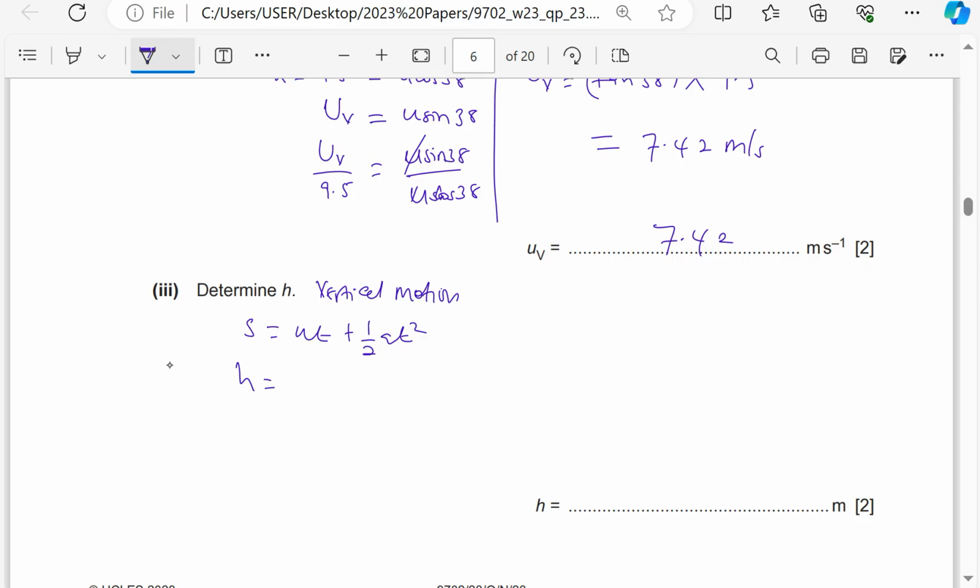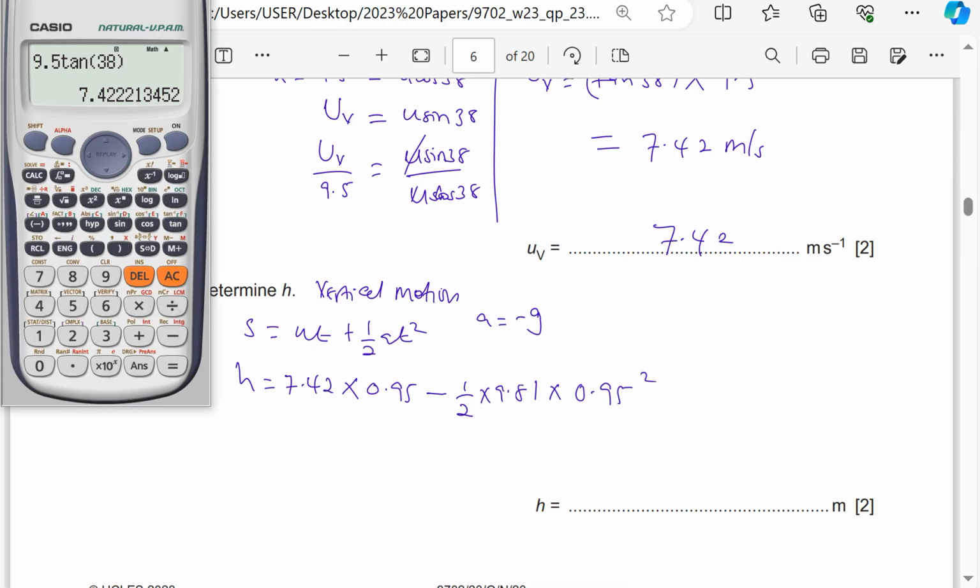Initial velocity in the vertical, we have got it as 7.42. Of course, time is a scalar quantity, so the time is the same, which we got as 0.95. Because it's moving in the vertical, acceleration is negative g. So this will become minus a half times 9.81, then times 0.95 squared.